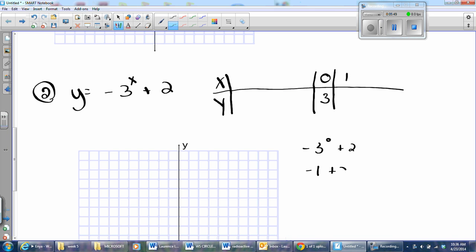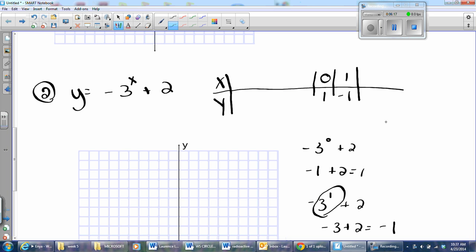And then plus 2, it's going to be +1. Okay, +1. All right, when I put 1 in, I'm going to get -3 to the first plus 2. Do the exponent first because of the order of operations. This will be -3 plus 2, which is -1. I'm feeling like I have a mistake here. But no, I guess I'm okay.